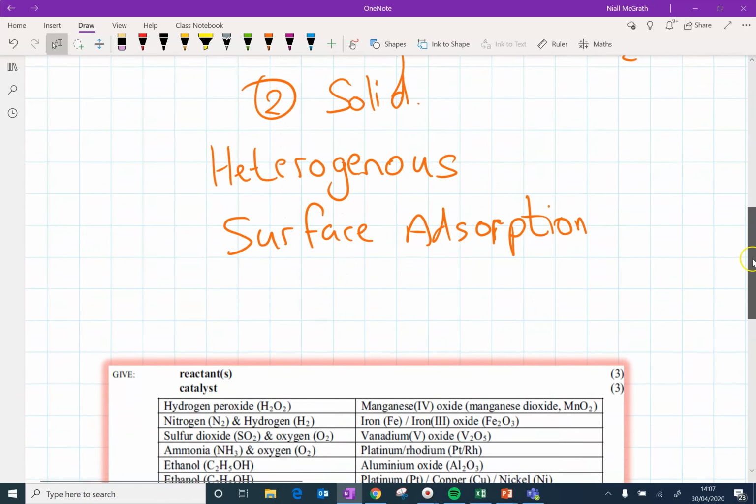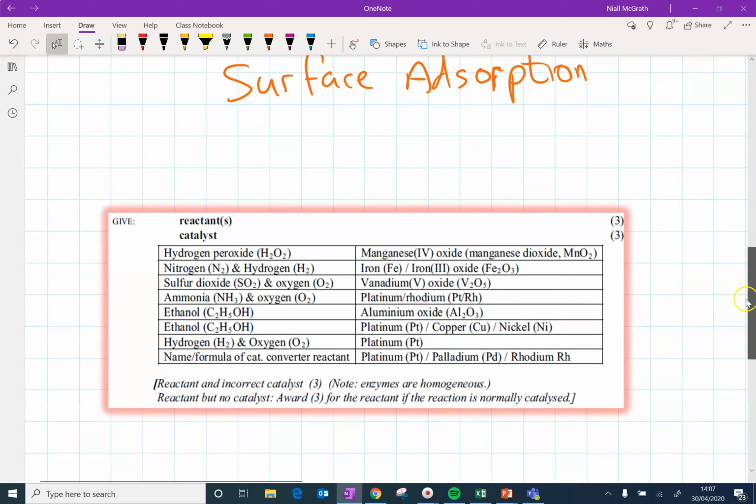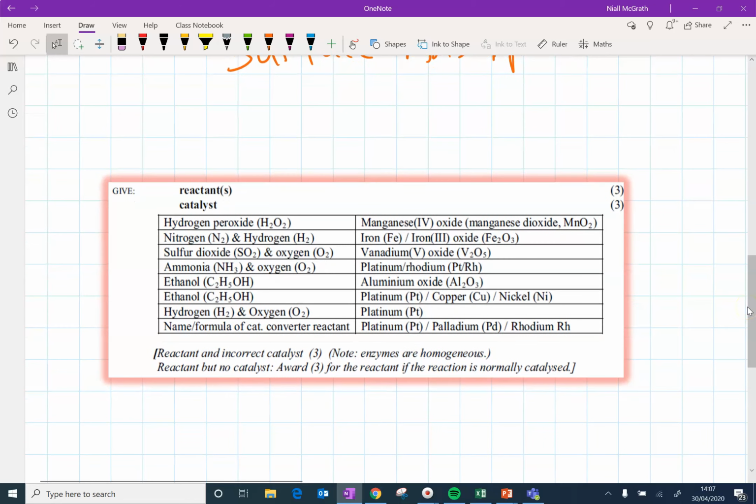Here's a list of them that are, for the most part, on your Leaving Cert course. Some of them should be familiar to you, so definitely have one or two of them. Those of you especially who like the organic chemistry section would recognize some of these. Make sure you know one or two examples of those as well.